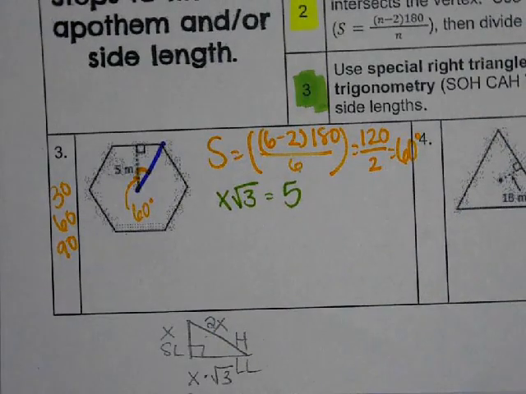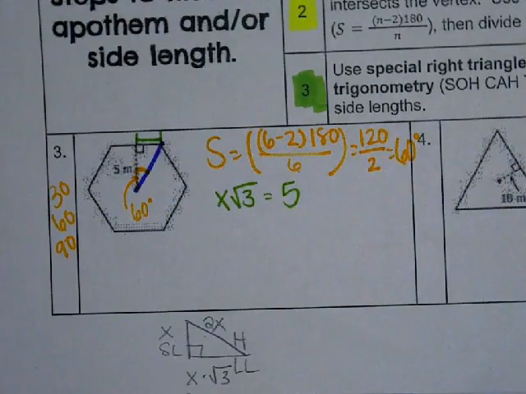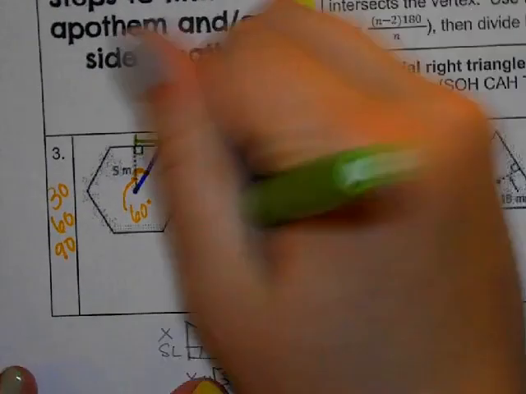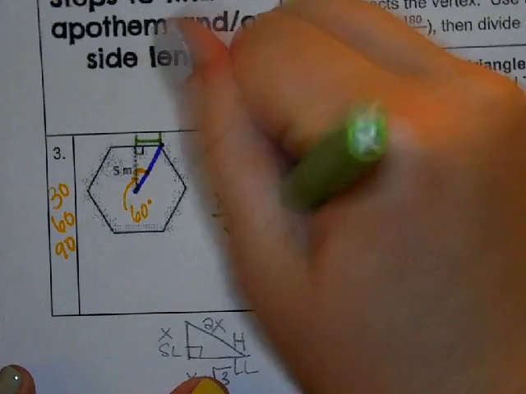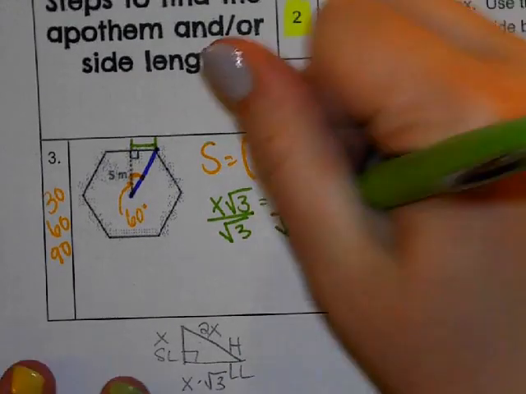So in order for me to find x, or the short leg, this piece right here, I have to get rid of that square root of 3. Right now it's saying x times the square root of 3. So to undo that, I'm going to divide both sides by the square root of 3. When I divide 5 by the square root of 3, I'm left with 2.9.